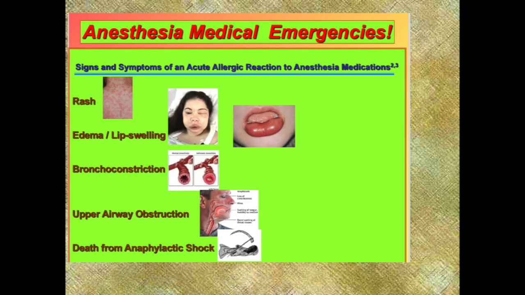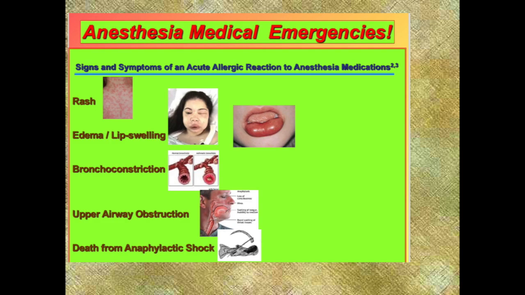If you see an allergic response, there's a lot of things that can happen. It will be instant rash, rapidly developing edema or lip swelling. And if that swells, the tongue's going to swell, and we're going to be into severe airway problems. The bronchi constrict instead of being wide open, and they get gunk inside of them.